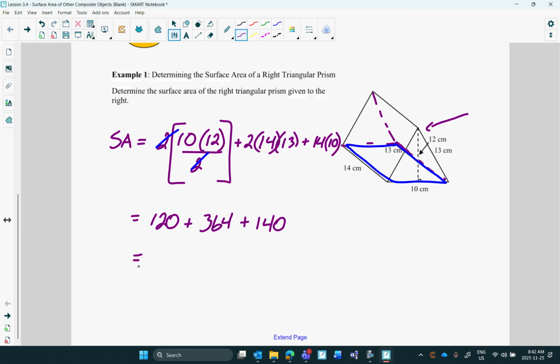Where'd you get 260? Oh, I just added these 2 first. Yep. It's a lot. 265 plus 260 plus. Is it 524? It's 64. Oops. I'm doing this in my head. Yes. units. Units.